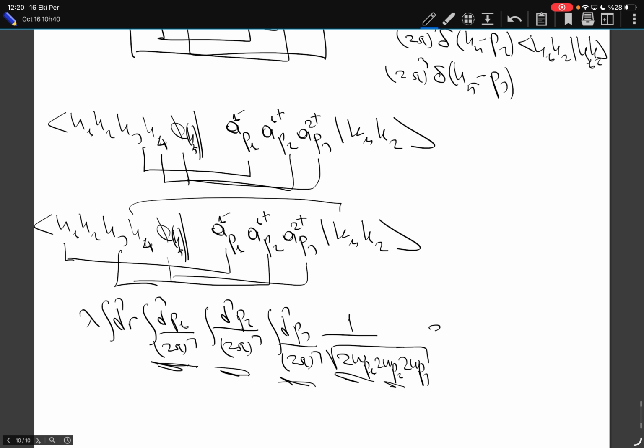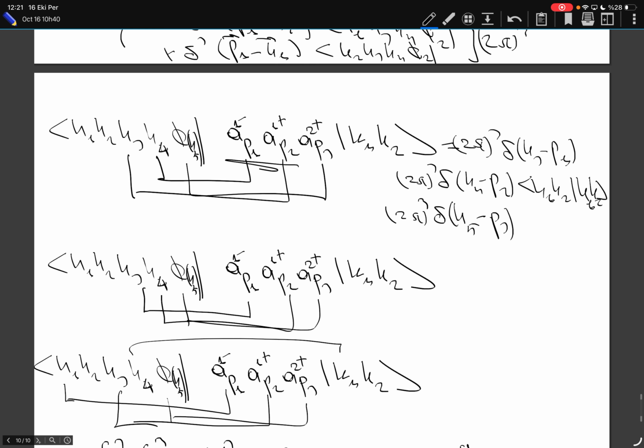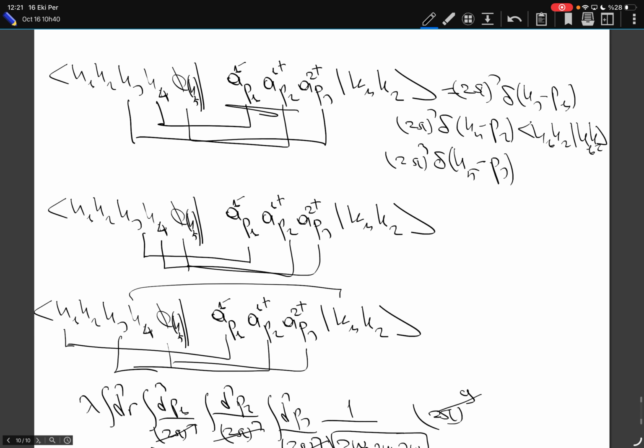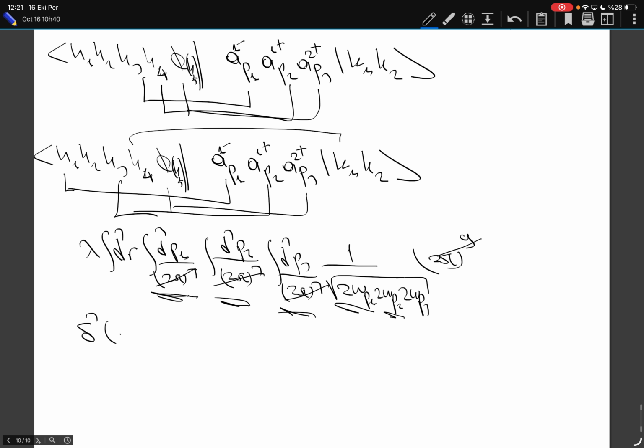Then I have 2 pi to the 9th. Well, this will cancel all these 2 pi's. Then I have Dirac delta 3p3 minus k2, k5. Dirac delta p1 minus k3. Dirac delta p2 minus k4.